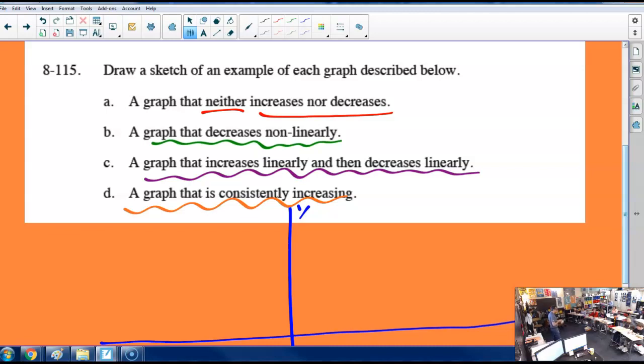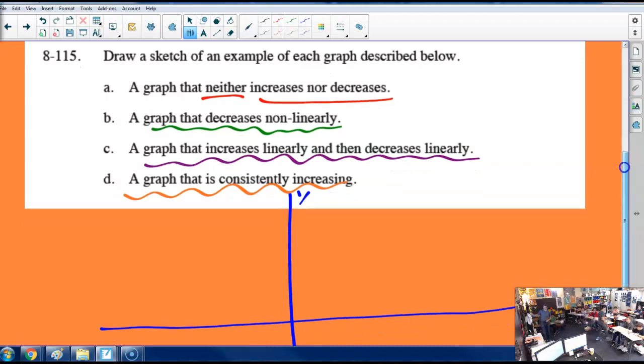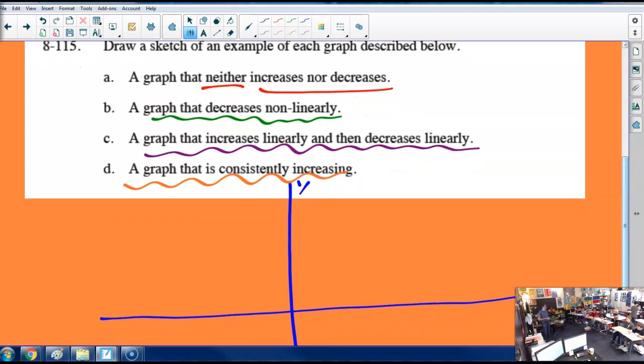So Charlie, could you tell me how we could draw a graph that is neither increasing nor decreasing? There would be a line that does not go up or down. So what do we call that type of line? X equals something. I forgot.